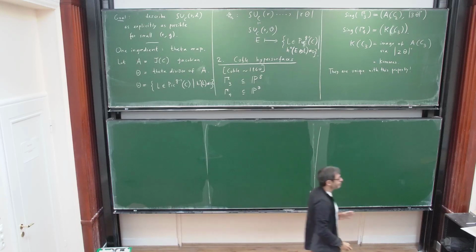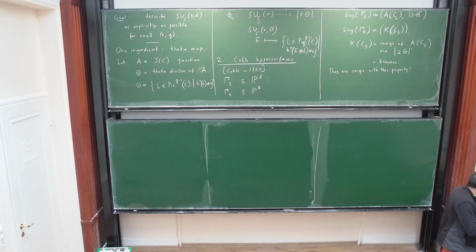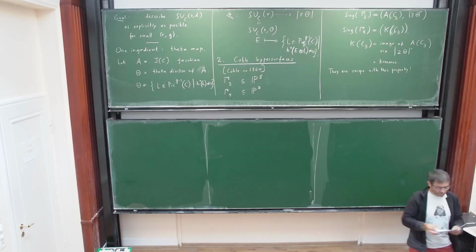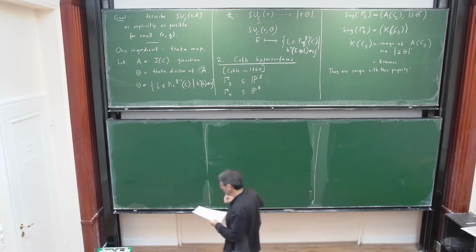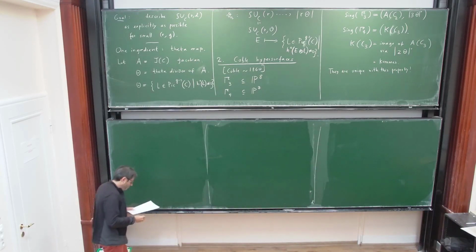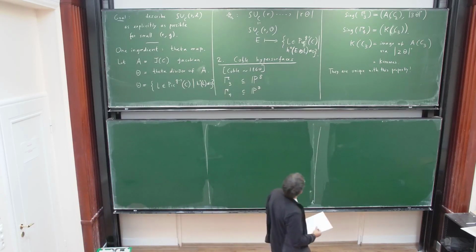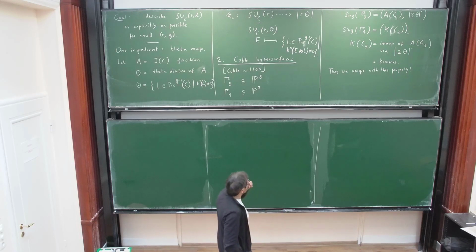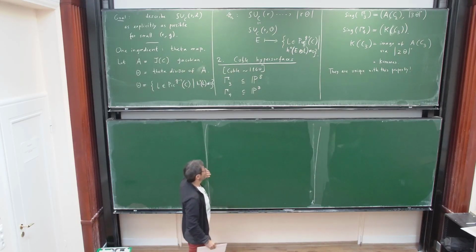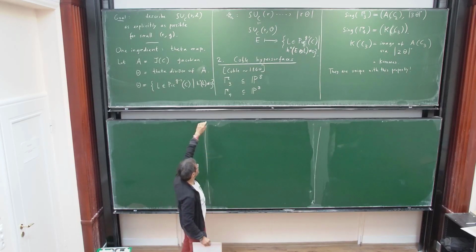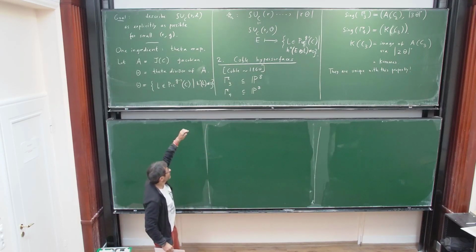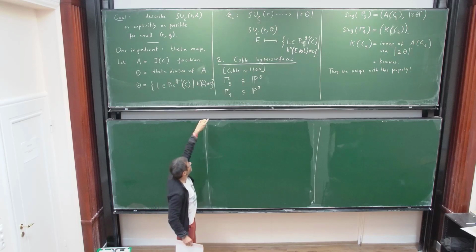Good. So at this point, there's no relation between 1 and 2. Let me come to that in a second. Yeah, maybe I should also say that these hypersurfaces have more special properties. For instance, they have some property with respect to duality.